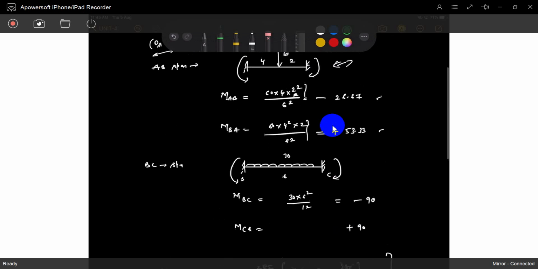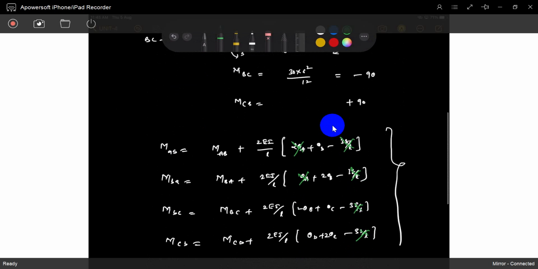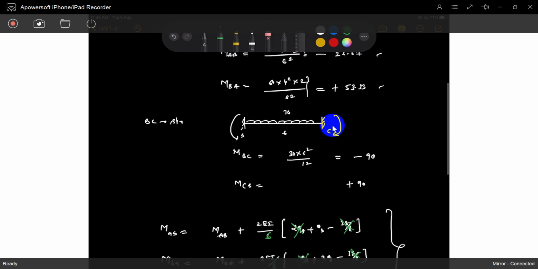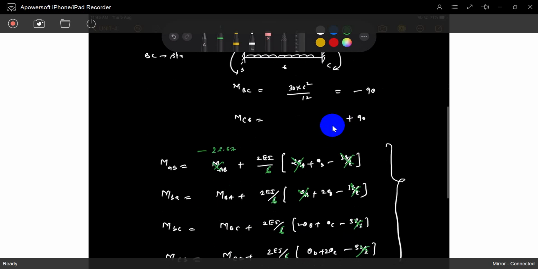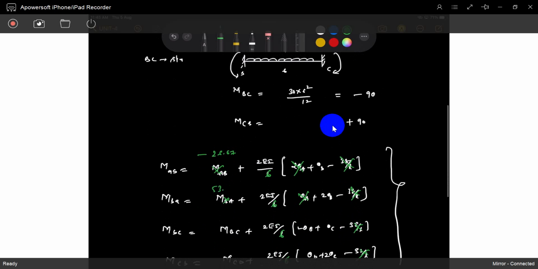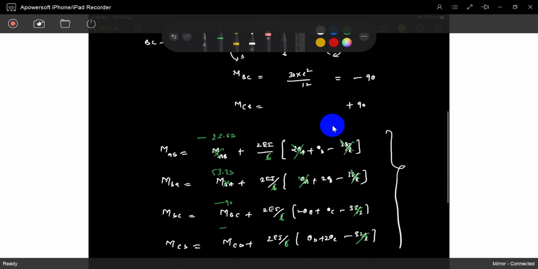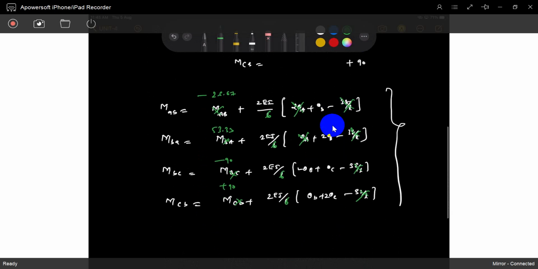The first span is 6 meters, the second span also 6 meters, so you write 6, 6, 6, 6. Also I will write these values: 26.67, 53.33, minus 90, plus 90. That's it. Now we have to solve these equations, and finally we will get these moments.